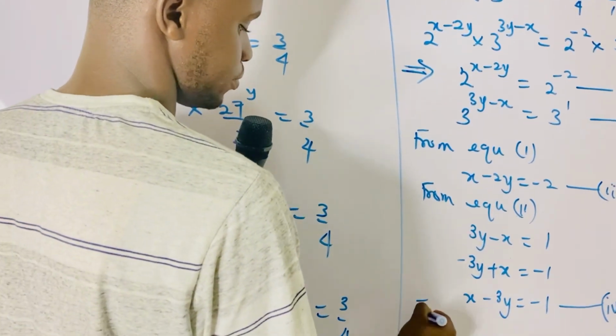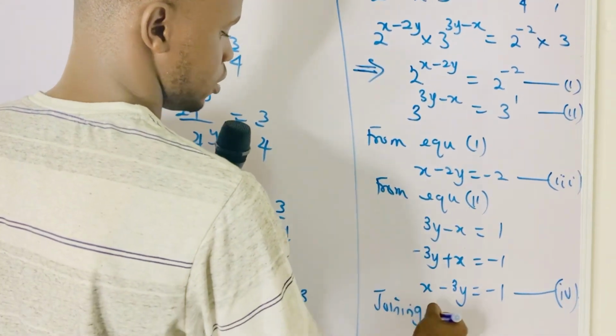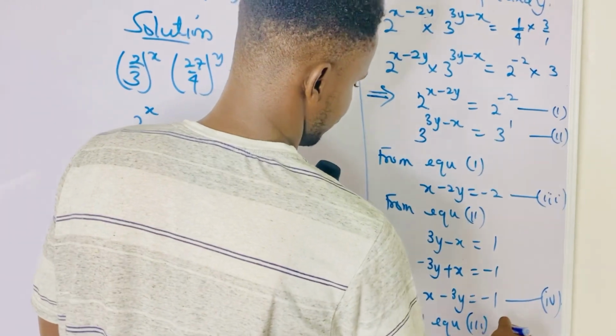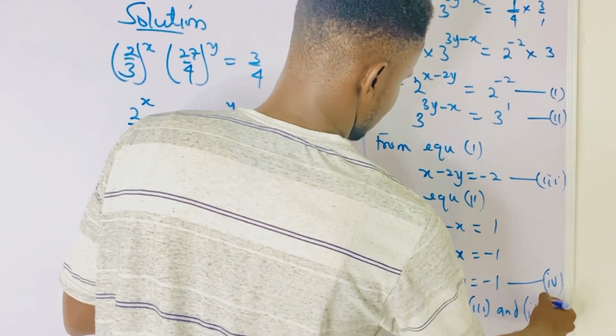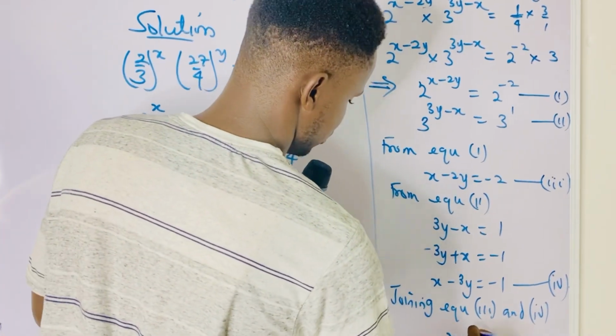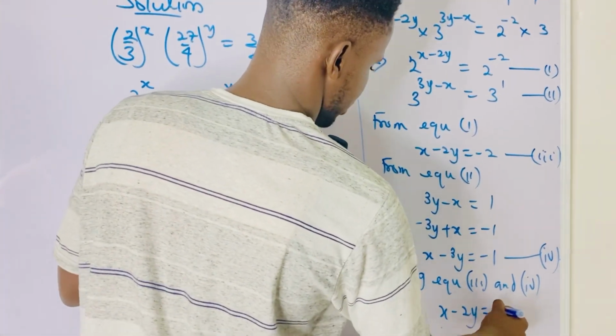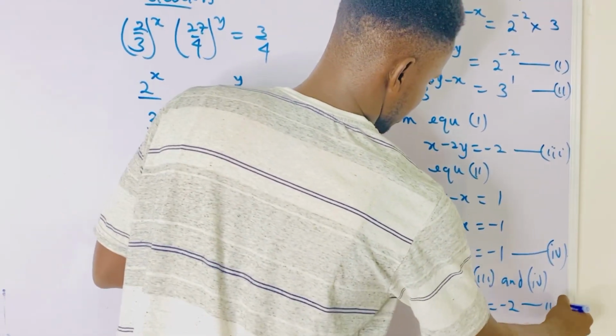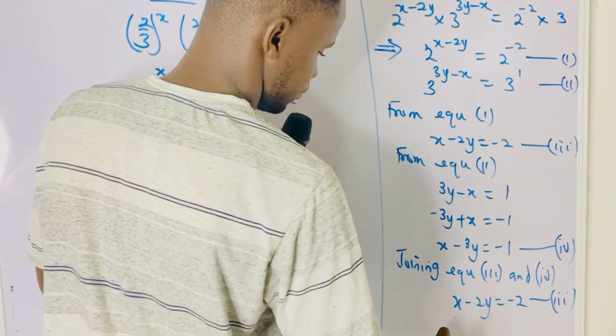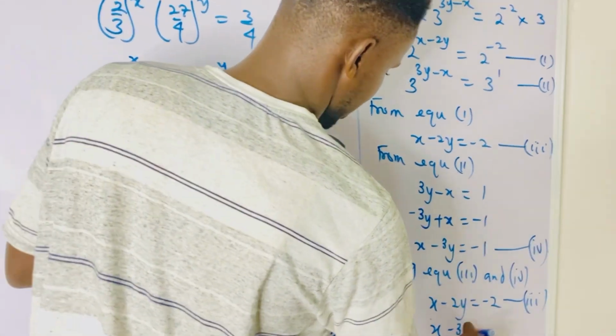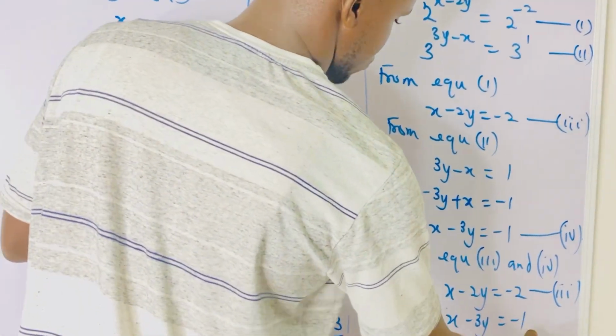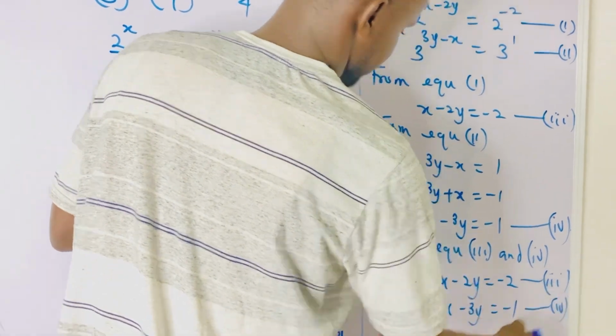So let's join equations 3 and 4. We have x minus 2y equals minus 2, equation 3, and x minus 3y equals minus 1, equation 4.